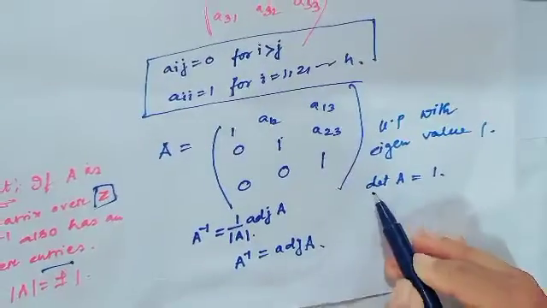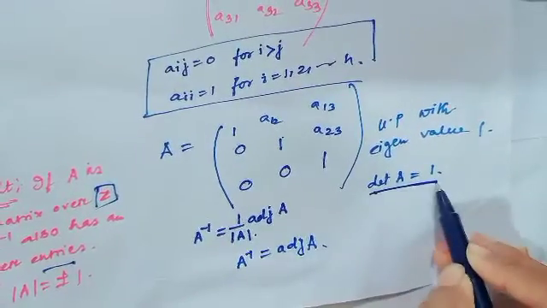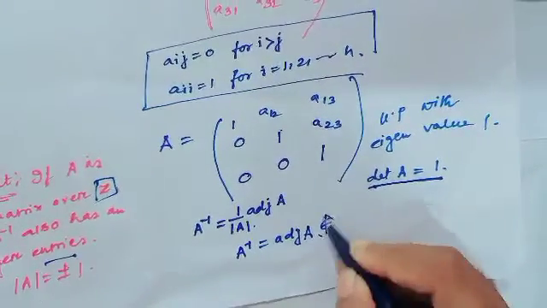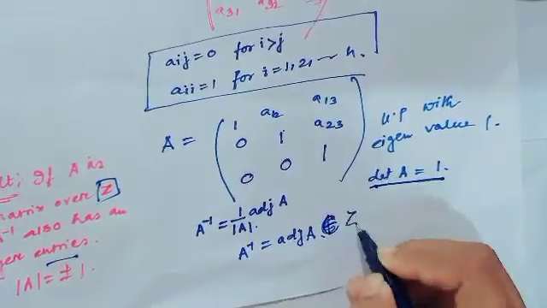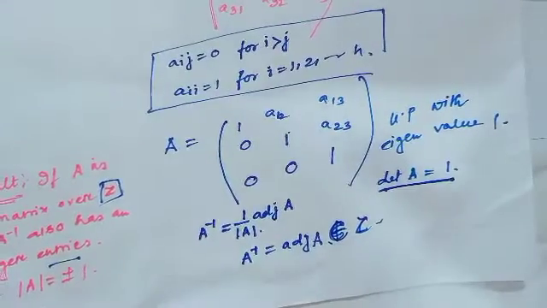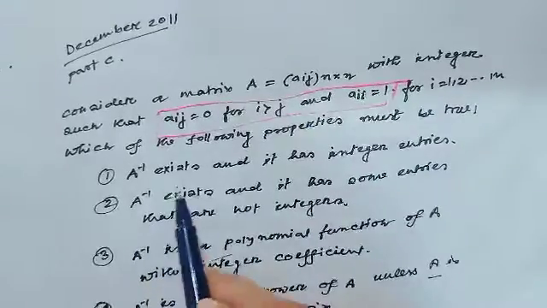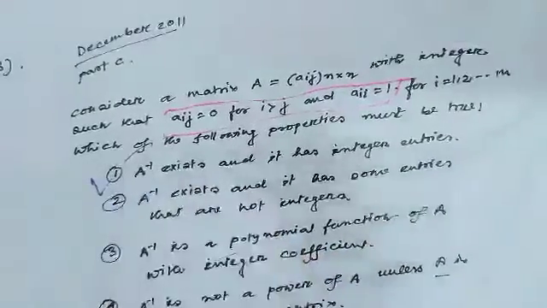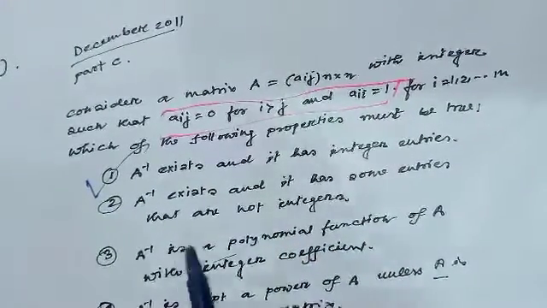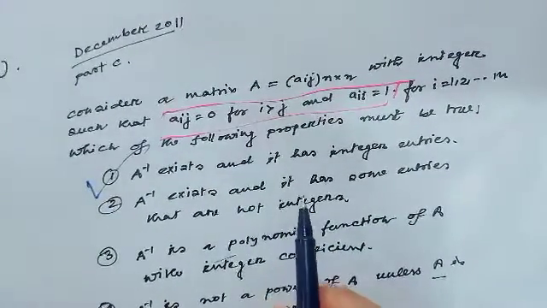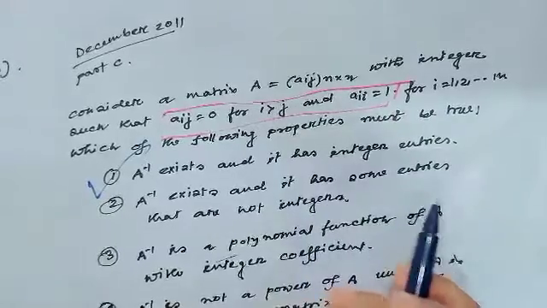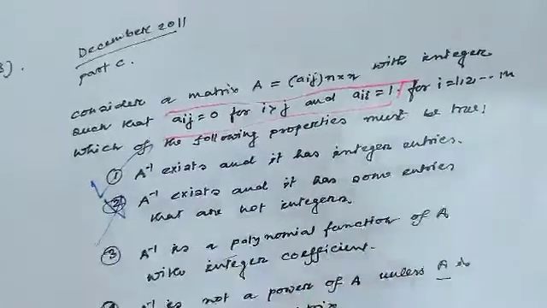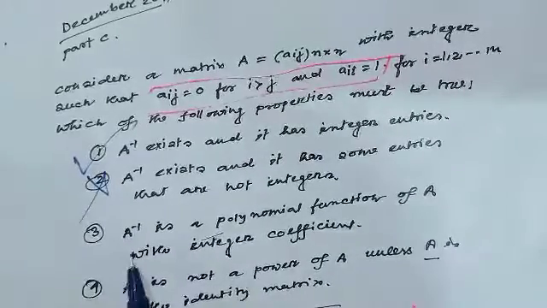And notice since here the determinant is plus 1, obviously this A inverse would belong to integers. Now notice the first option. First option indicates A inverse exists and it has integer entries. Obviously this option is true. And the second option indicates A inverse exists and it has some entries that are not integers. This is a wrong option.